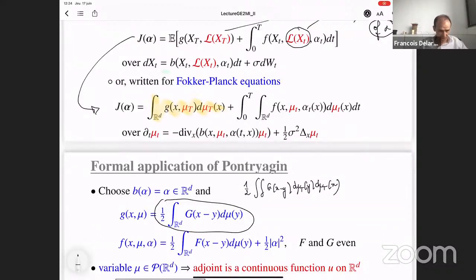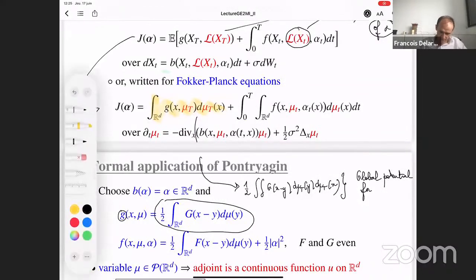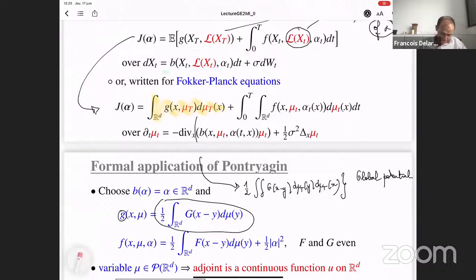So it doesn't depend on x. This is the global cost that I obtain for the population when I'm using this G as an example. This is a typical example that you can find in the literature, with the shape of small g given as a convolution kernel. And at the end of the day, it says that there is a global potential energy for the population at terminal time, and the same for the running cost.